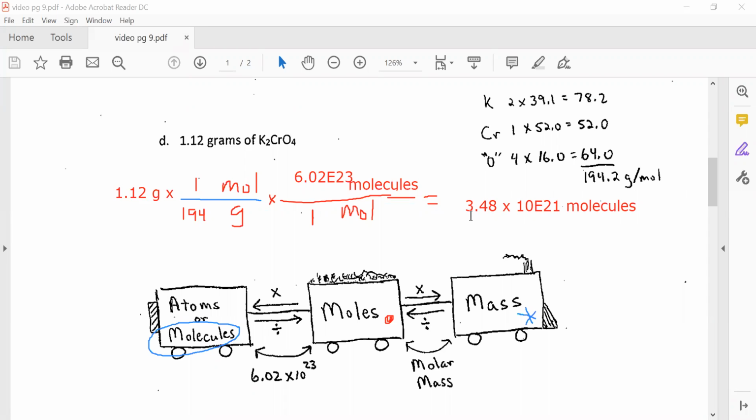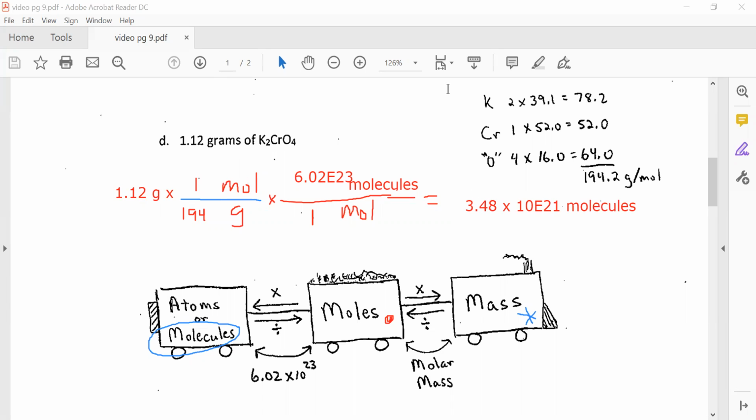Let's see if this answer makes sense. I'm asked for an answer in molecules, and 1.12 grams isn't a lot, but it's certainly a measurable amount, so it's going to be a pretty big number. But because this is less than a mole, clearly 1.12 is less than 194, it's going to be less than 6 times 10 to the 23rd. It looks like it's a couple of magnitudes less than that, so this answer makes sense.